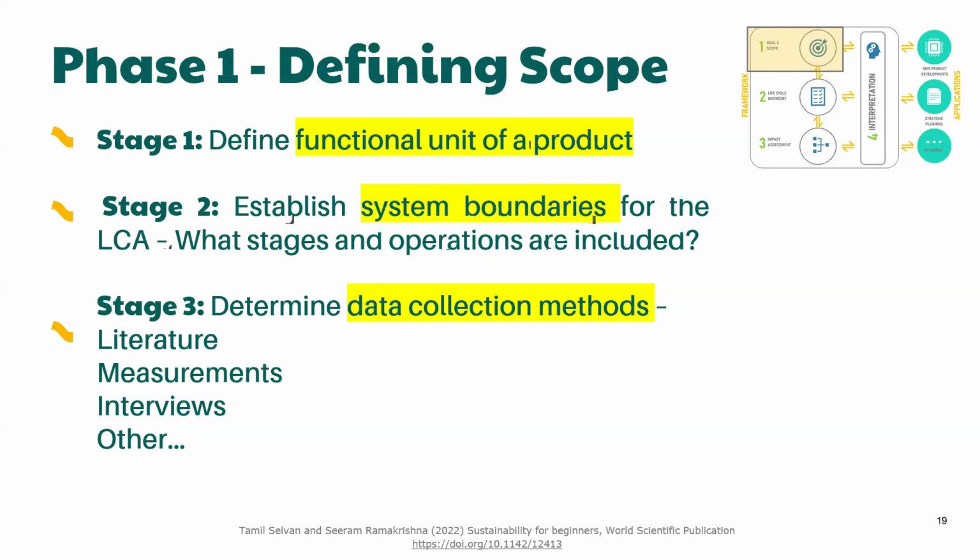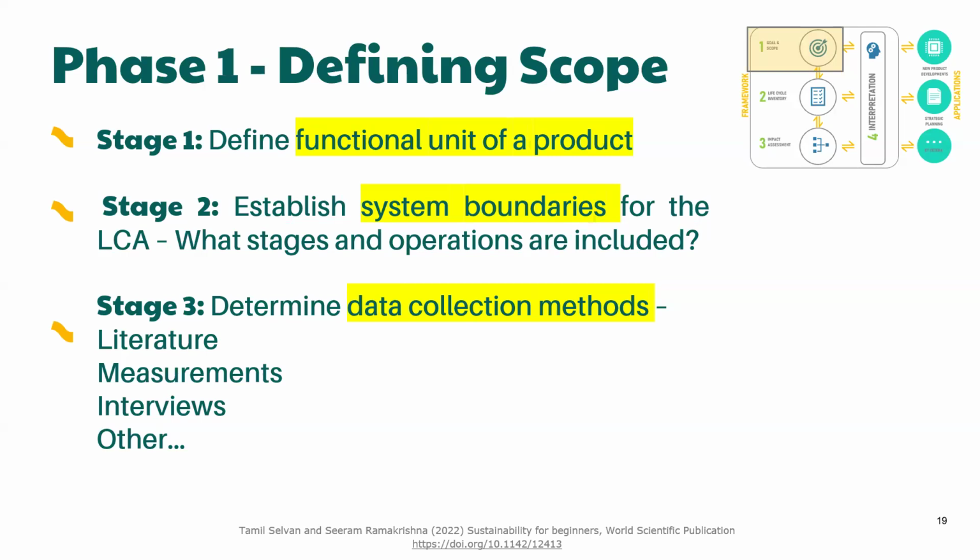In our example, we have taken cradle to grave, for example, raw material extraction to disposal. Stage 3 is data collection. How do you get different types of data to perform your assessment? We have databases, different literature, and we can interview your stakeholders to get all the data associated with stage 3. So within phase 1, we have 3 different stages.